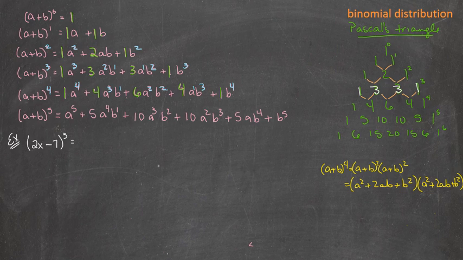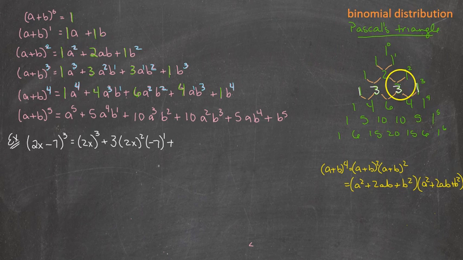So first coefficient is 1, first term 2x, and that has to be raised to the 3rd power. Then the next term is going to have a coefficient of 3. 2x, this time is going to be raised to the 2nd power, but now I'm going to bring in the negative 7, which is just to the 1st power, because negative 7 to the 0 power would have been part of the first term.